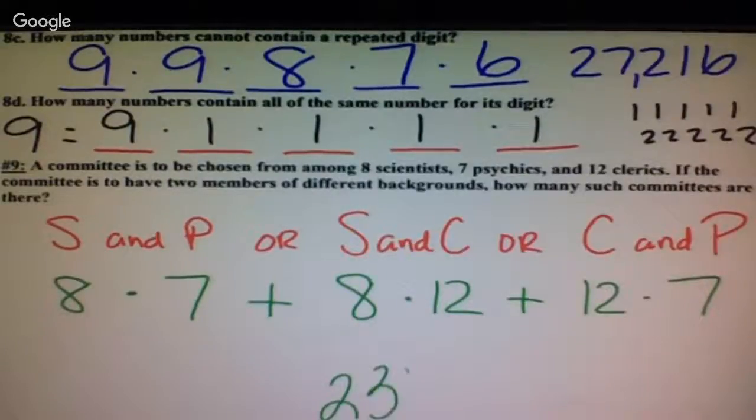Wait, okay, so why did you do just plain... 236. Yeah. That's only 236. What a low number. It is a low number.